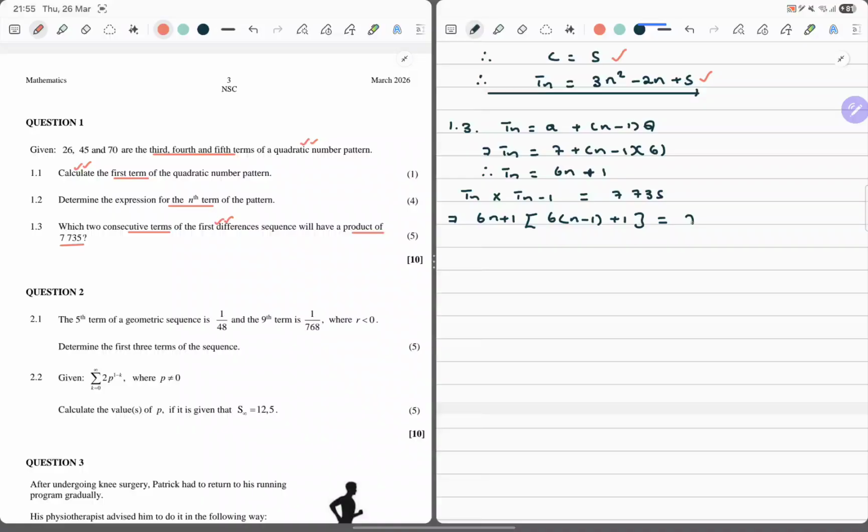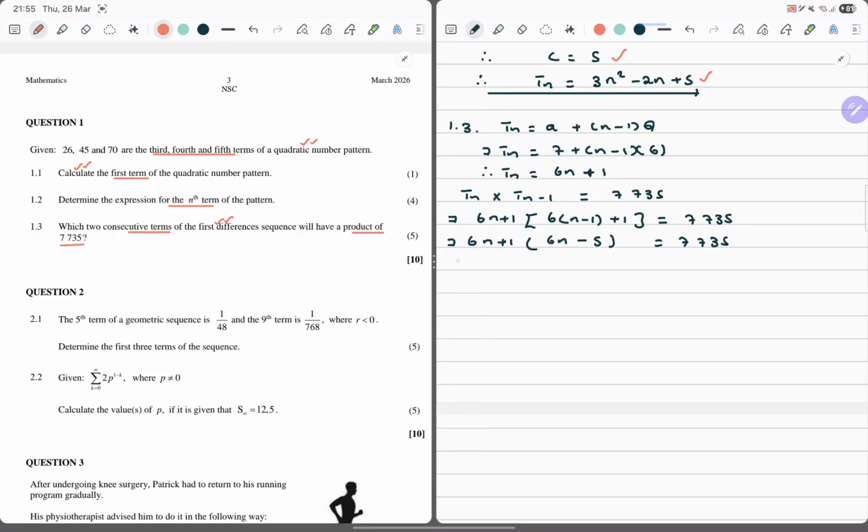This must be equal to 735. All right, let's deal with this. This is 6n plus 1 into, this is just going to be 6n minus 5, equal to 735.